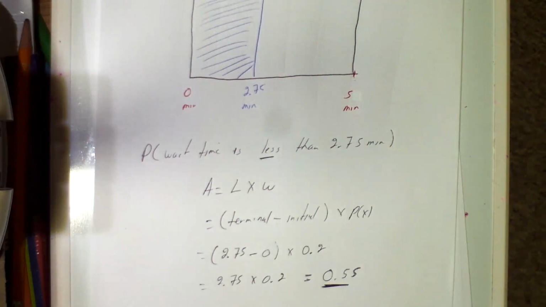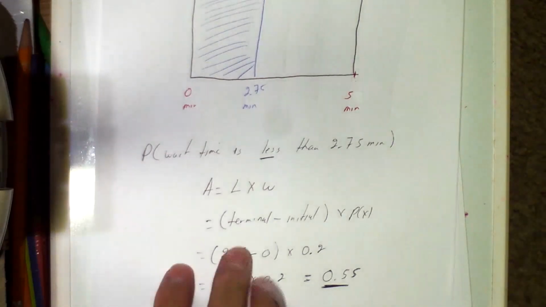Okay, so that's the concept of the uniform distribution. And now we go to the normal distribution, the bell shape. So for the bell shape, now we're really going to get more into it.